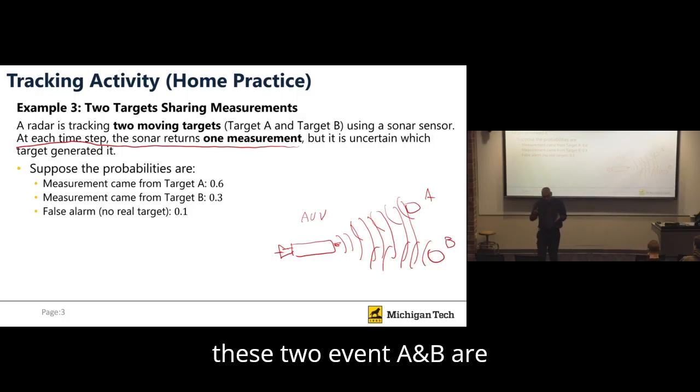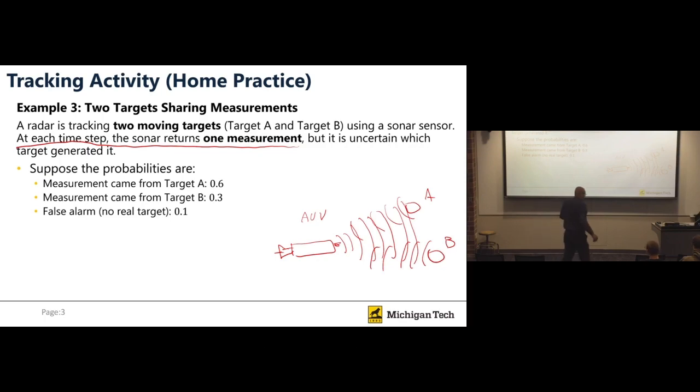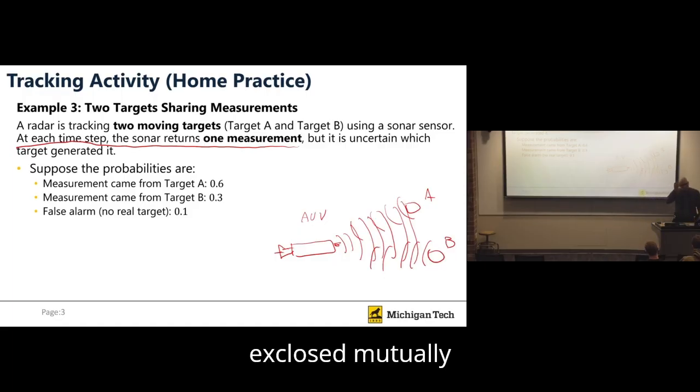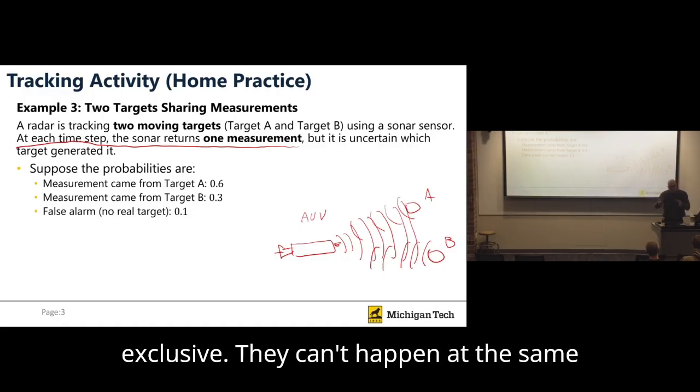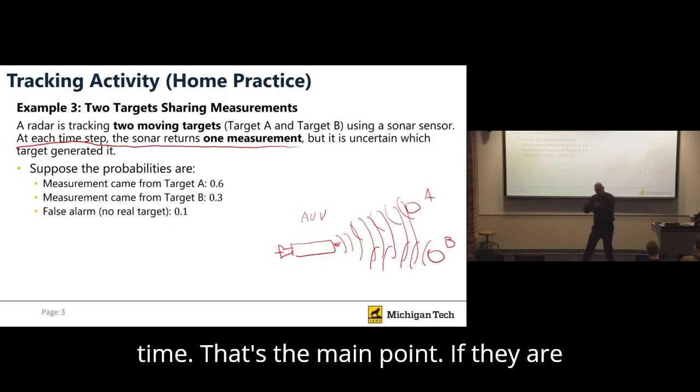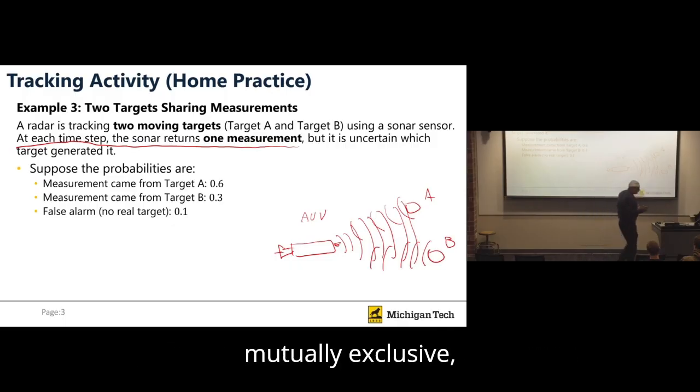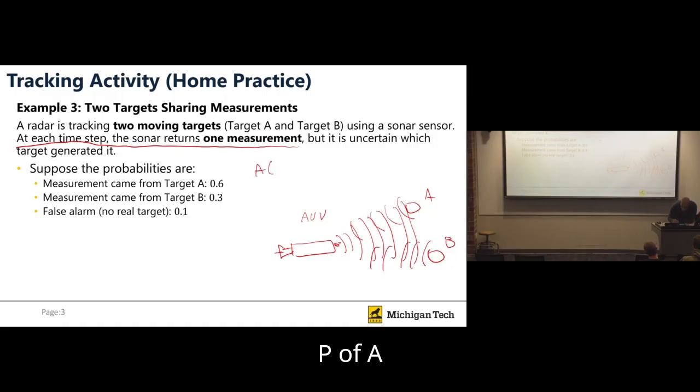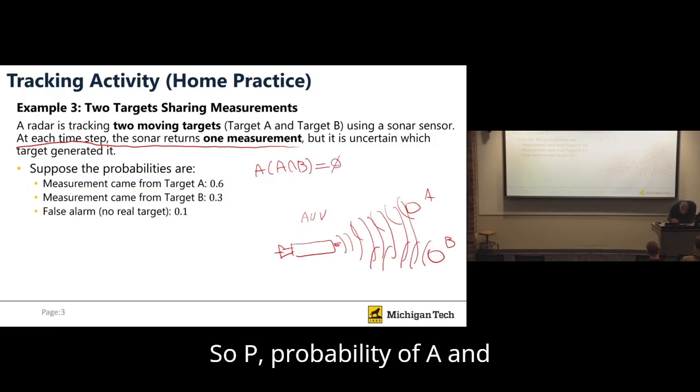It means these two events, A and B, are mutually exclusive. They can't happen at the same time. That's the main point. If they are mutually exclusive, P of A and B is 0. So the probability of A and B is 0.